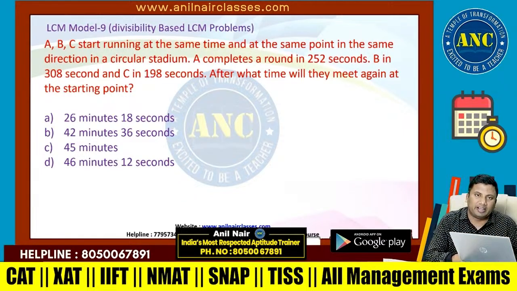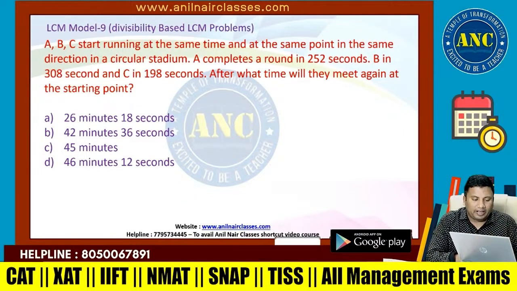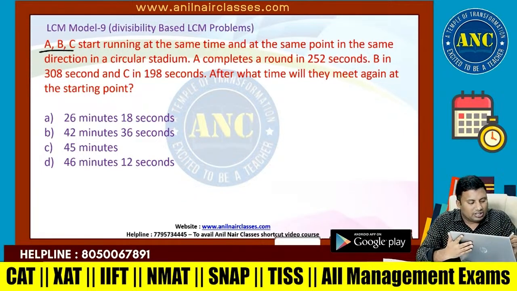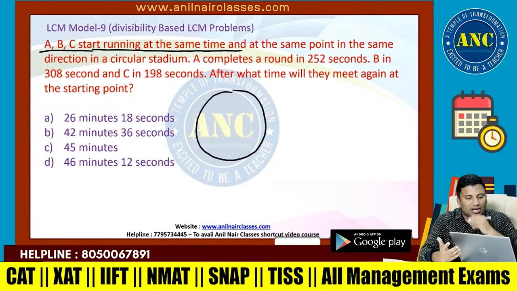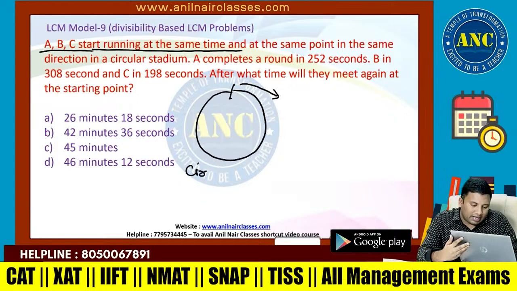Next, there are a lot of concepts which I am going to explain by using a very different application altogether. A, B, C start running at the same time, at the same point and in the same direction in a circular track.